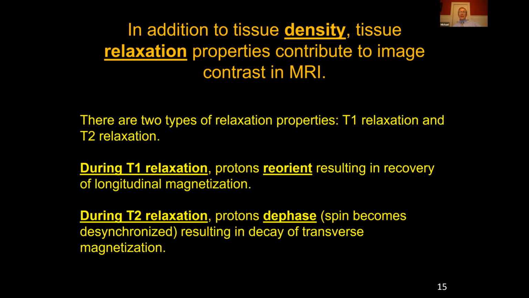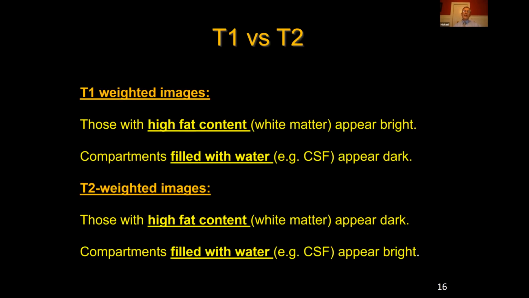So the T1 period is protons are reorienting in a longitudinal plane. And in T2, that's when the protons are all swinging back to their original orbit. And the reason that's important is with T1 images, those with the high fat content appear bright, and the compartments filled with water appear dark.